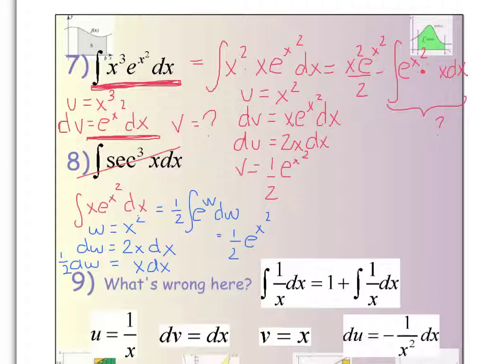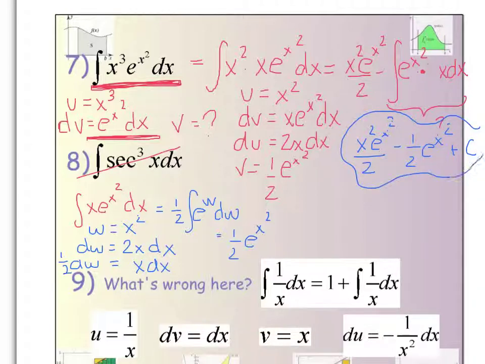So I can bring that over here and say that's 1/2 e to the x squared. And I have in front x squared e to the x squared over 2 minus that. And I can't forget my plus constants. That is my final result for that integral.